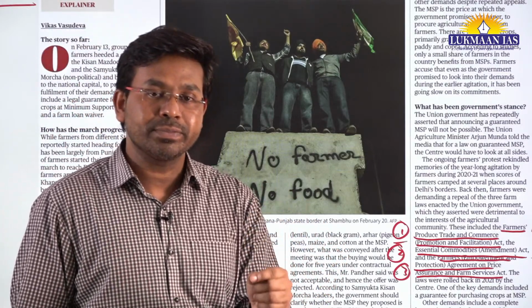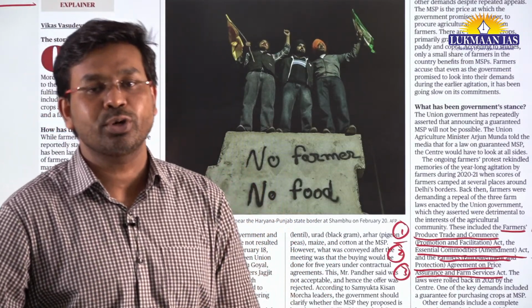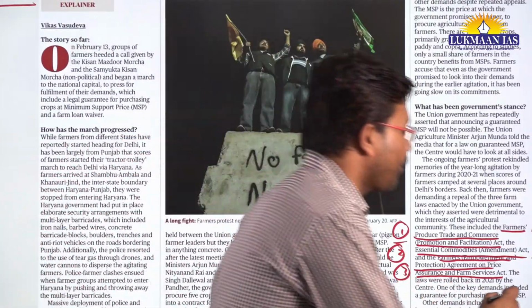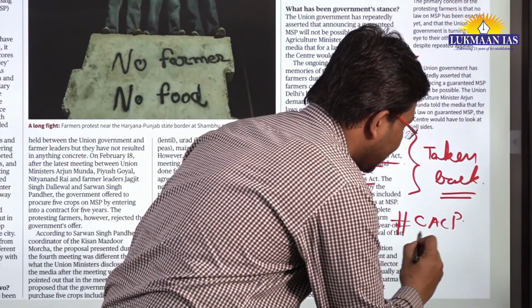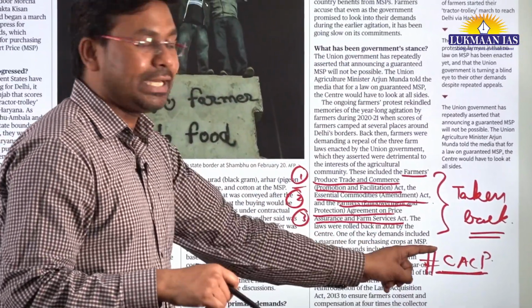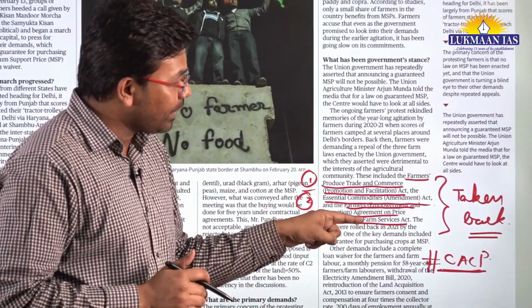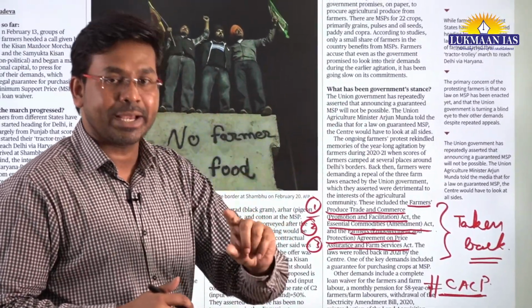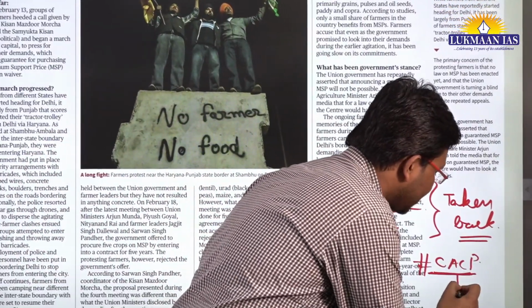But now minimum support price is calculated by the Commission on Agricultural Costs and Prices, CACP. This body calculates what the minimum support price should be, then recommends to the respective body in the ministry, and then they announce the MSP.